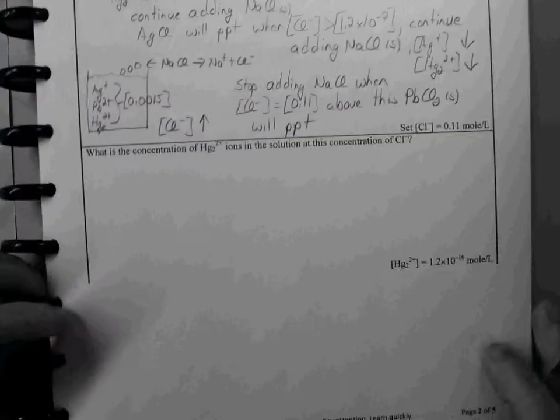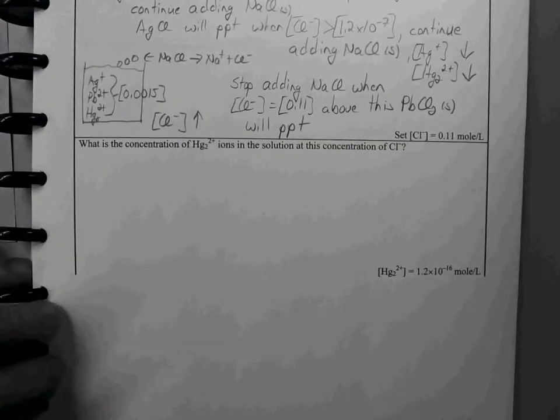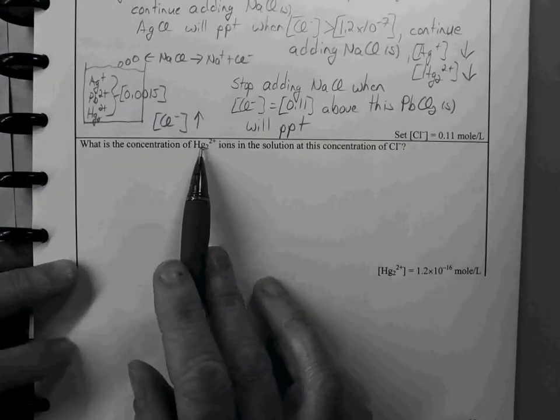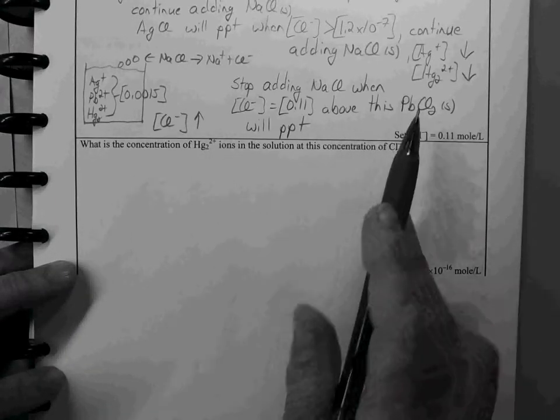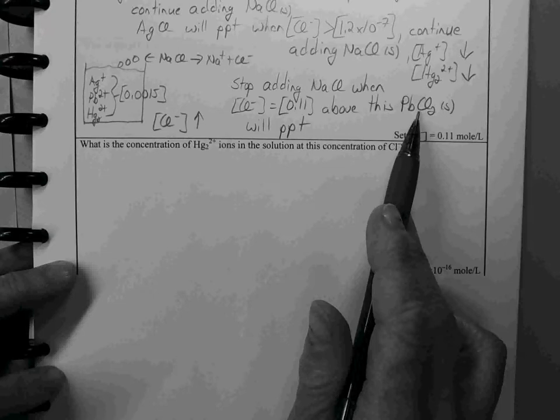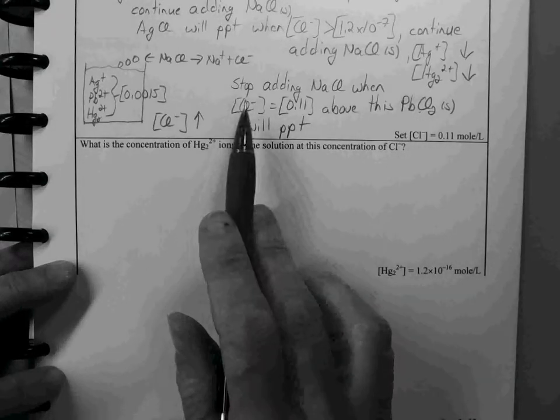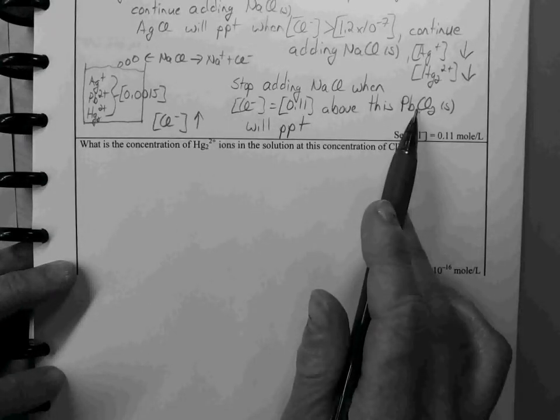Alright, so we go on to the second part of this question, and that is, what is the concentration of the mercury 1 ions in the solution when PbCl2 is at equilibrium and just before PbCl2 begins to precipitate.